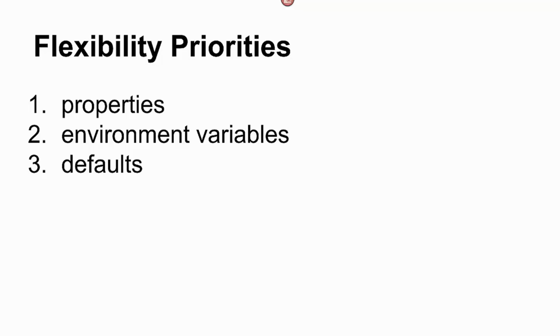These are typically slow to change, because if we have to change those, then we have to restart the IDE or restart the command line that we're using to pick up the new values. And if I'm debugging or experimenting, then that can slow me down, and that can really bite when I'm trying to work and debug. So I don't want to make that my only config option. And if I haven't set any properties or environment variables, I still want to run code, and that's where the defaults come in.